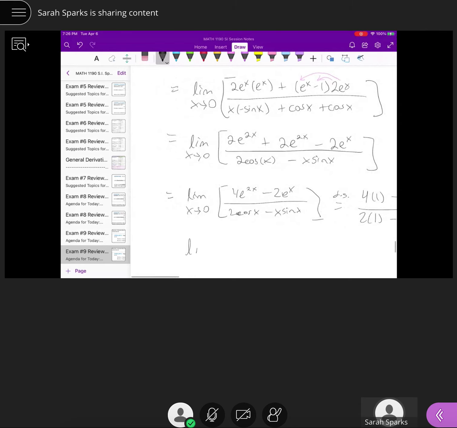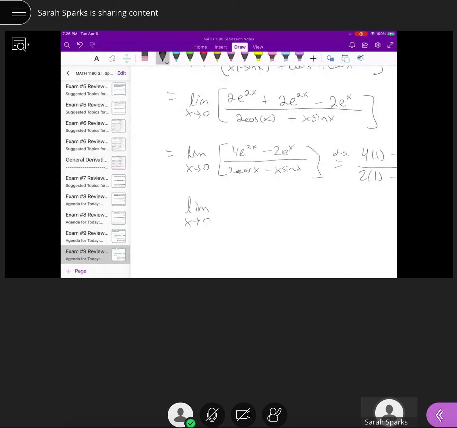So we know our original limit, which was, as x goes to 0, of e to the x minus 1 squared over x sine x, is going to be equal to positive 1.